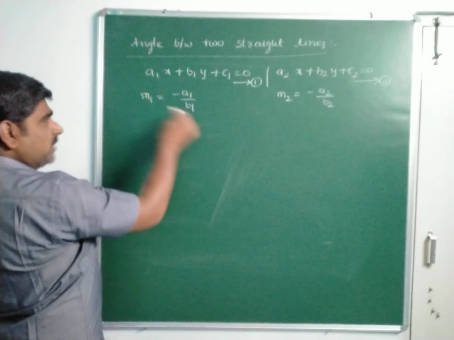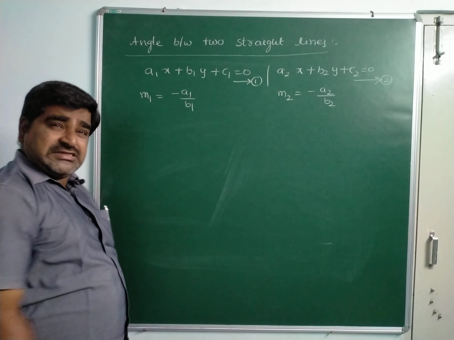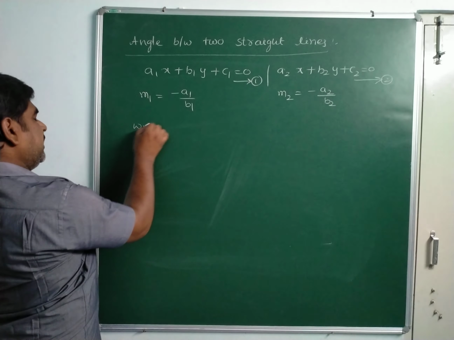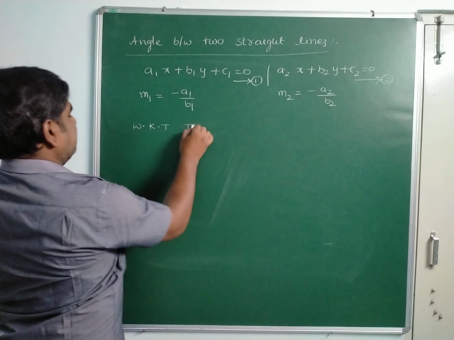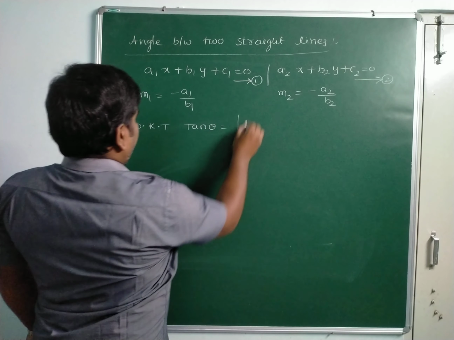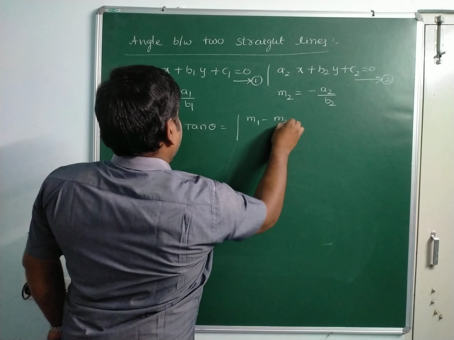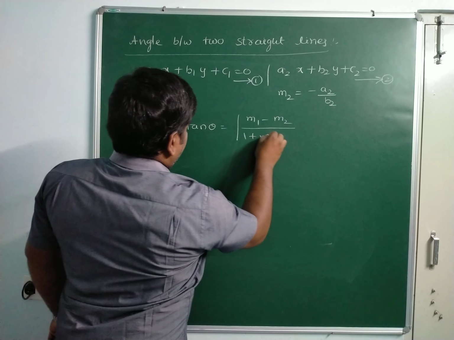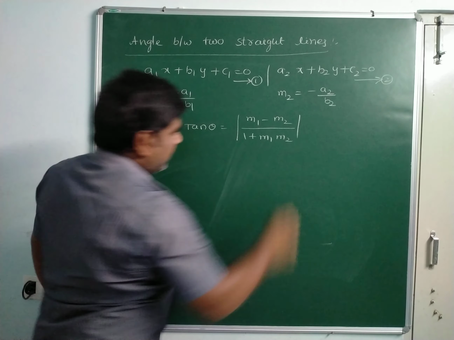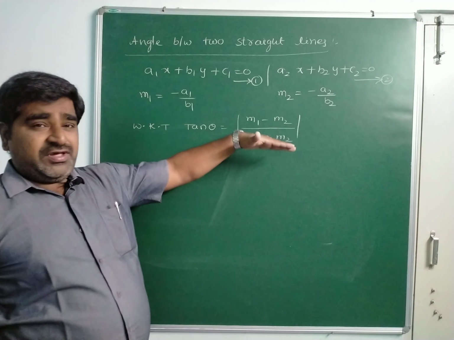As given, the angle between the two straight lines is theta, we know that tan theta equals modulus of (m1 minus m2) by (1 plus m1 m2). For this I have given the proof in part 1.